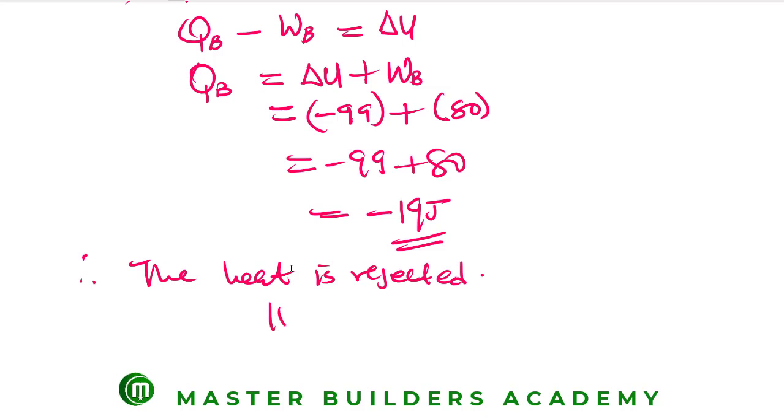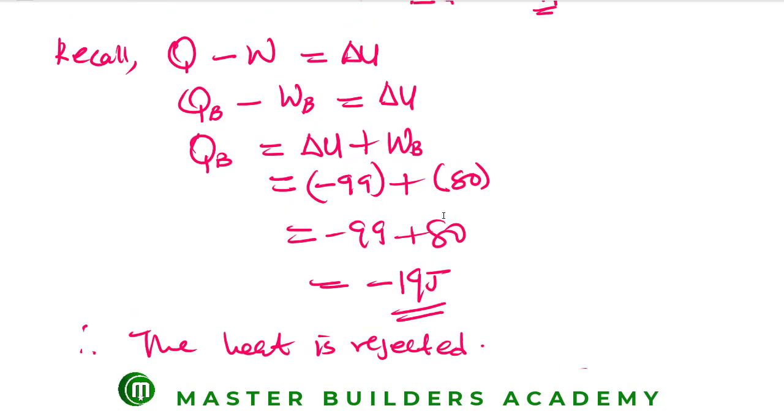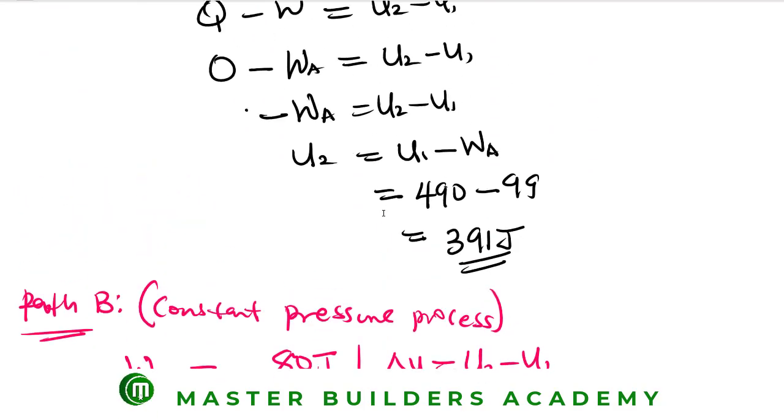So you can now say heat rejected is equal to minus 19. Heat rejected is equal to 19 joules. So once you put in this heat rejected, it shows that this value here is negative. As long as the value we obtain for Q is negative, it means that the heat was rejected in this process.